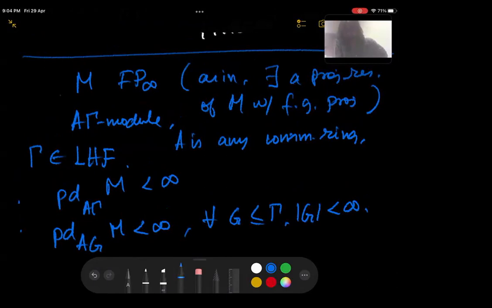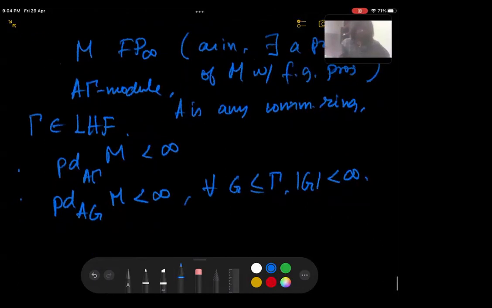And we know from there that this condition has to be true. The projective dimension over A G being finite for all G finite will be true, but PD over A gamma cannot be finite, as in the cohomological dimension cannot be finite, because it contains infinite free abelian groups of infinite rank.